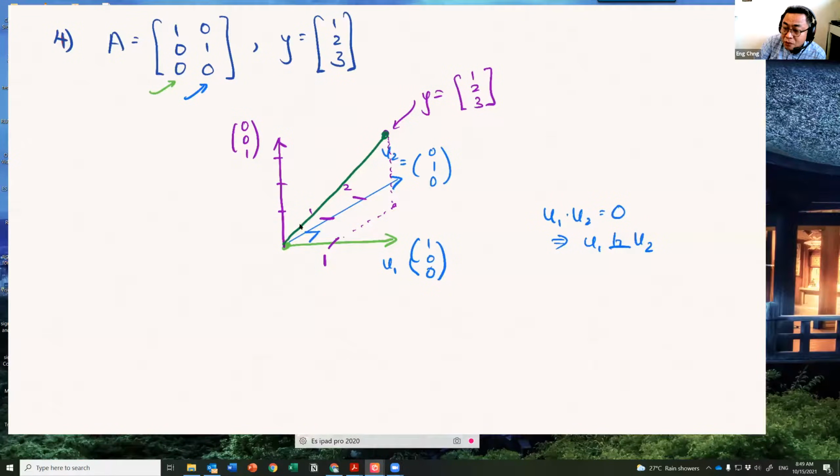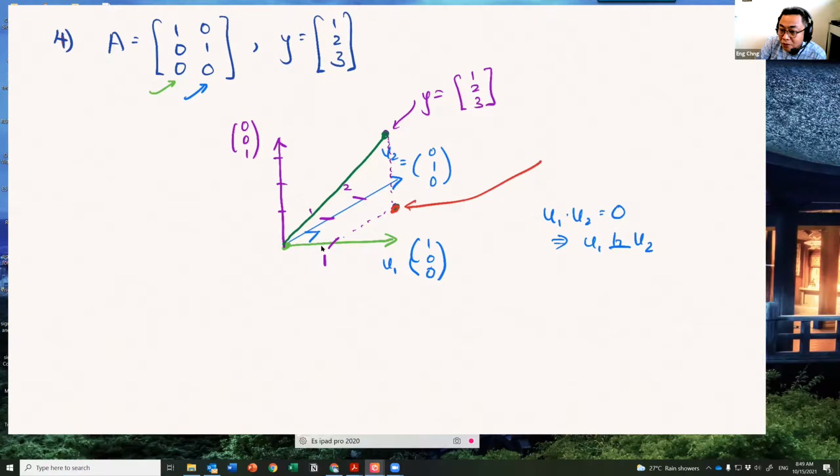Geometrically, if I can pick any point in this space, the nearest point to Y is this point, in red. And we can even read it off because the bases are orthogonal.